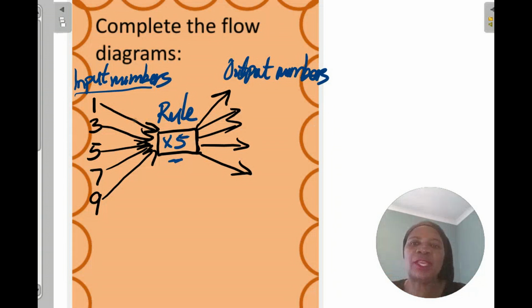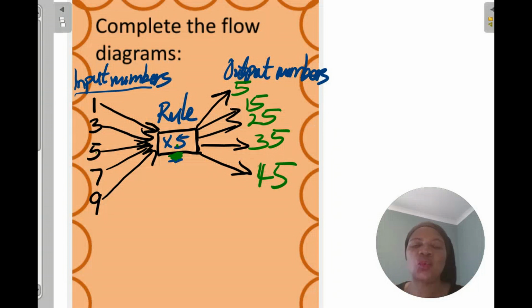The first one, we have 1, and multiplied by 5, the output is 5. Then we have 3 multiplied by 5, 15. Then 5 multiplied by 5, we get 25. 7 multiplied by 5, that's 35. And 9 times 5, that's 45.